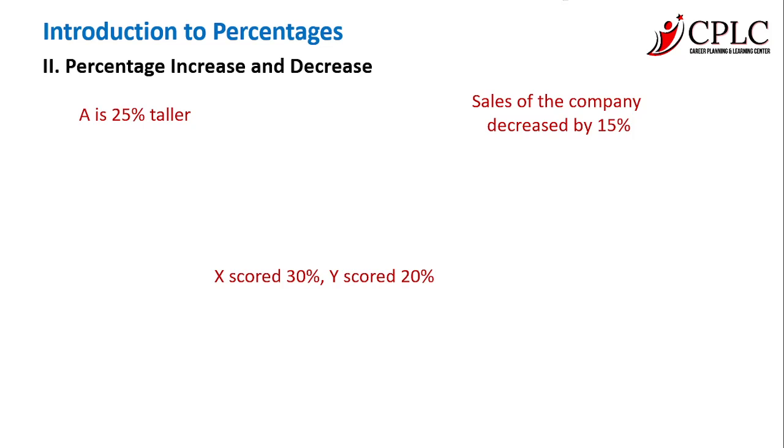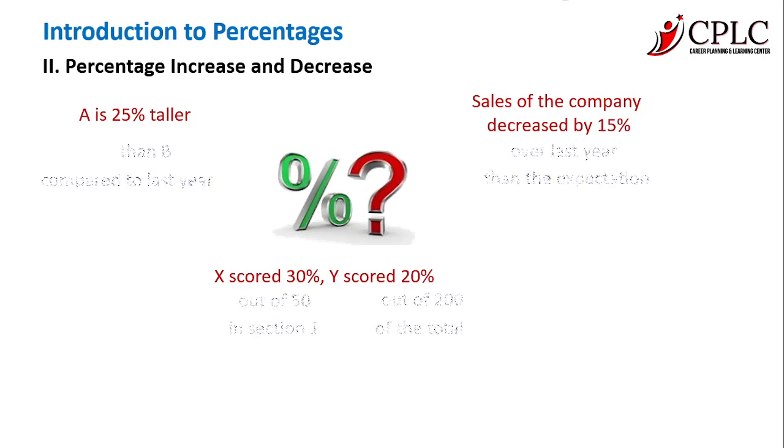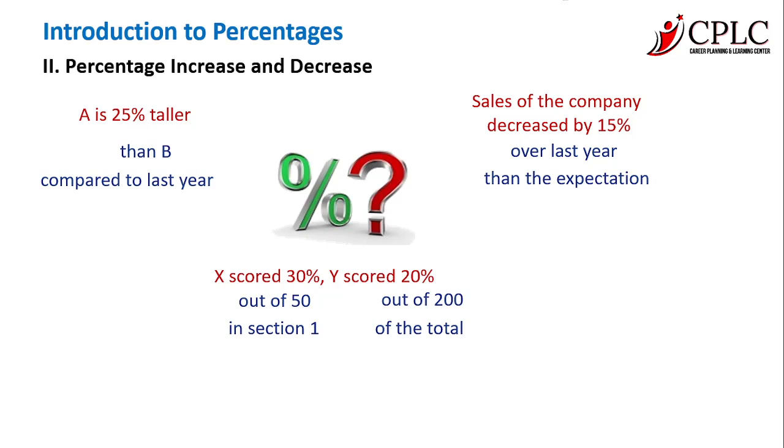Now what is the base of the percentage? In very simple words, with whatever number the comparison happens, or with whichever value the comparison happens, that value is called the base of the percentage. So if we get back that missing part in all the statements, you'll realize what I'm saying. The statements now become correct. The first one becomes: a is 25% taller than b, for example.